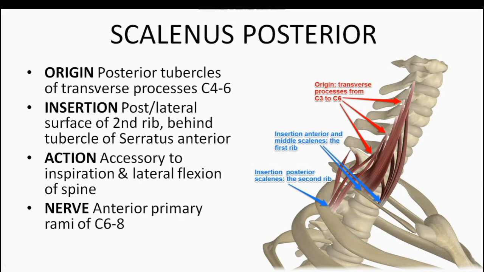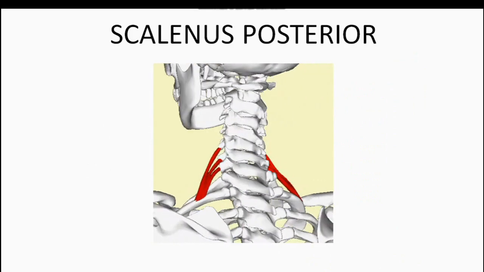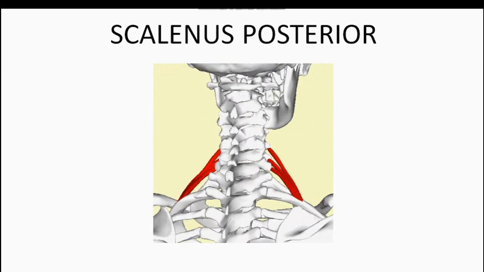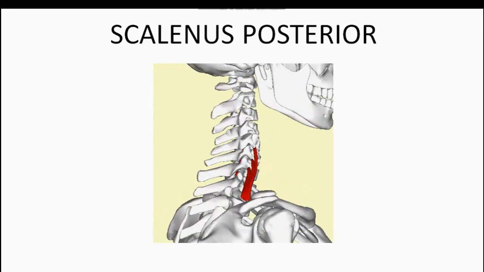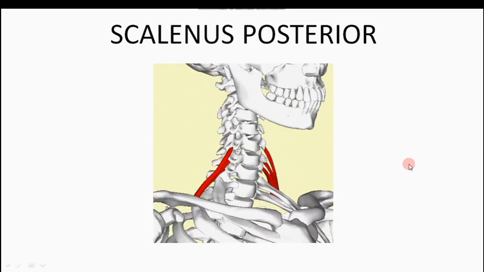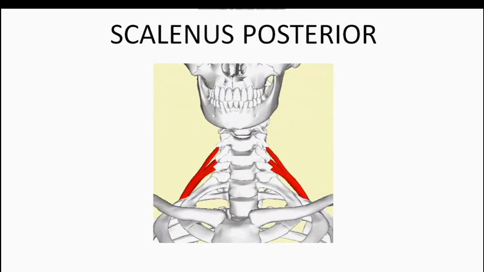This is innervated by anterior primary rami of C6, C7 and C8. Here we can see clearly the origin and insertion of scalenus posterior in three-dimensional view, the point of attachment of the scalenus posterior. Clear?